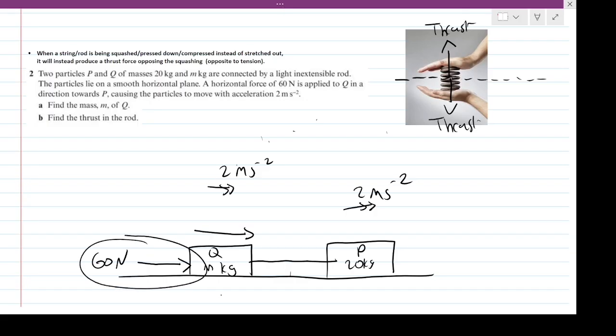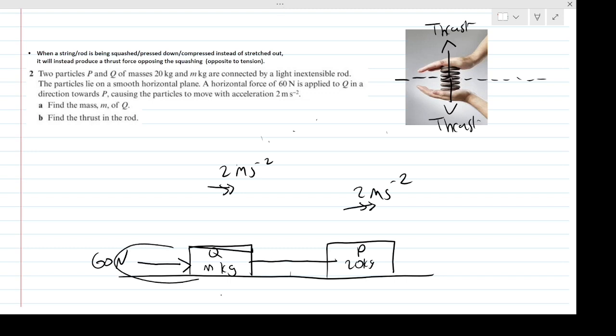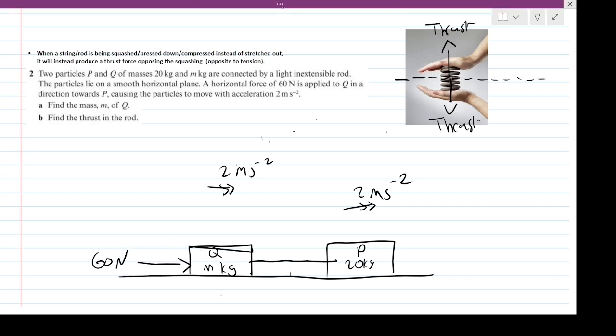So again, it's being squashed into the tow bar. So to oppose the squashing by this force pushing Q into the tow bar, the rod is going to counteract that and say, no, I'm going to resist you pushing into me. So I'm going to create a thrust force. So I'm going to say T for thrust here. To distinguish, I'm using T because it stands for thrust, not tension here.